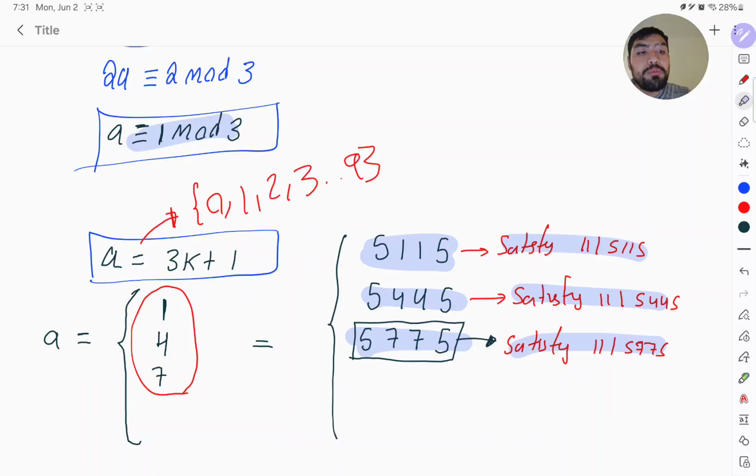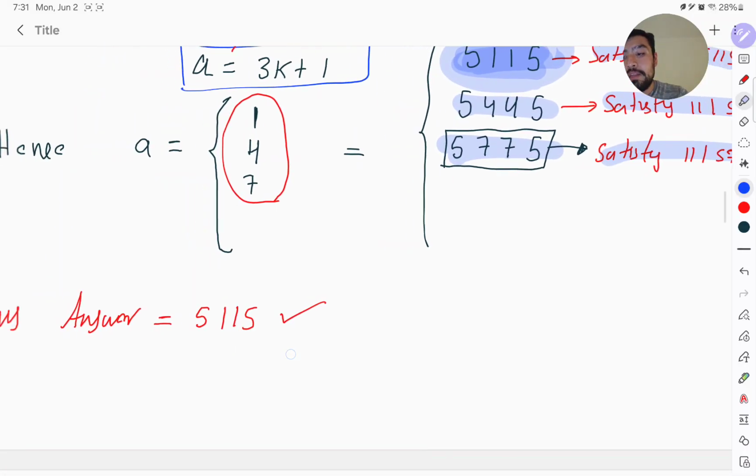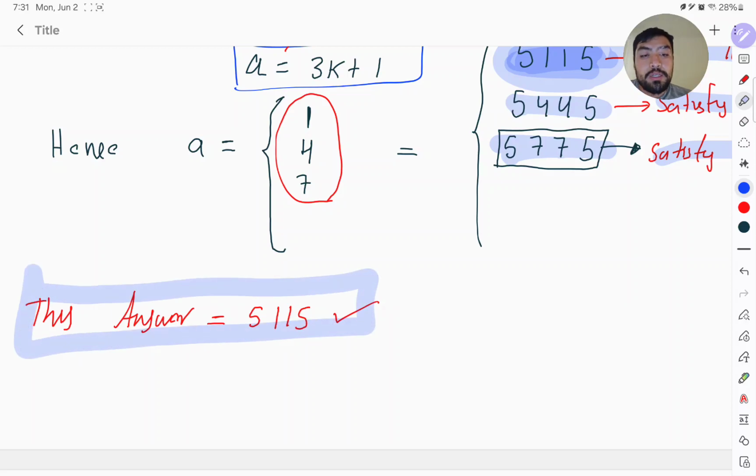So the minimum number that satisfies those conditions is the alternative 5115, and the answer then is this first number. And with this we conclude this first problem, and that's the way in which I did it.